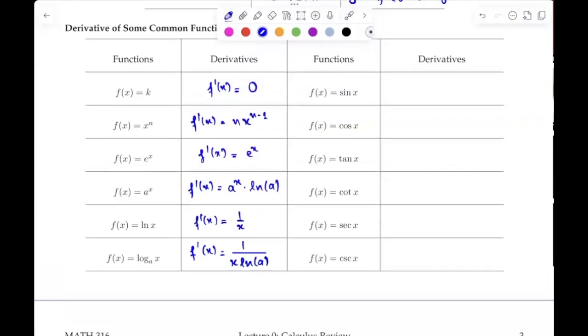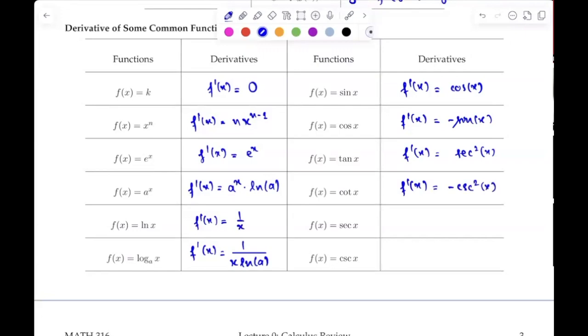You have trigonometric functions. f of x equal to sine of x, f prime is equal to cosine of x. f of x equal to cosine of x, f prime of x is equal to negative sine of x. For tangent of x, the derivative is equal to secant squared x. For cotangent of x, f prime of x is equal to negative cosecant squared of x.